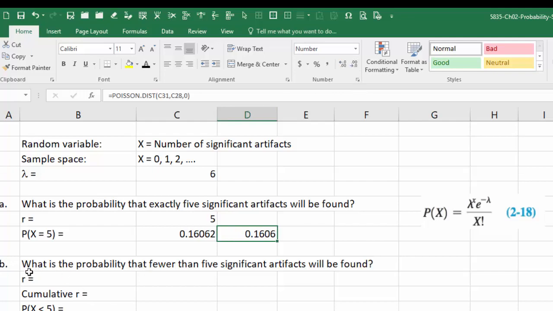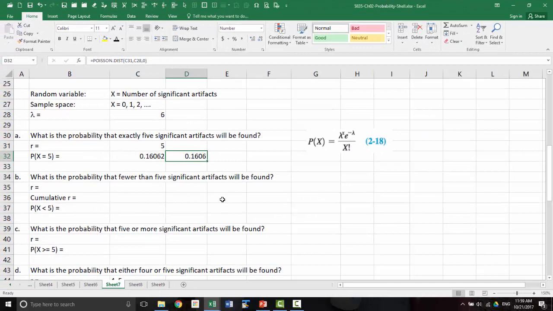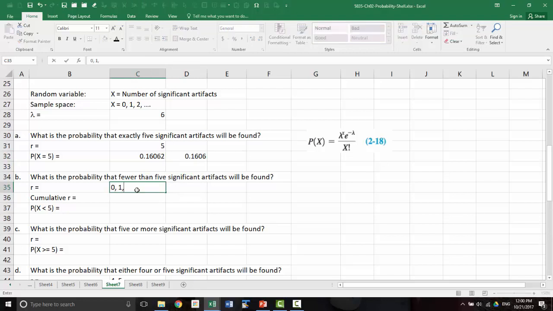All right, let's look at another one. What is the probability that fewer than 5 significant artifacts will be found? Fewer than 5. So we want r to be 0, 1, 2, 3, or 4. Five is not included. So the cumulative r that we need is 4.